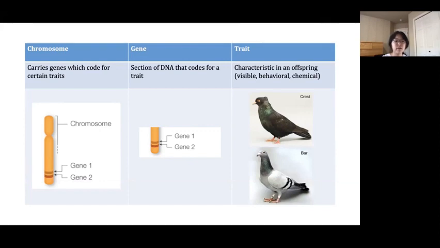Can anybody remember the analogy I used for DNA? I think it was like DNA is the blank of an organism. Can anybody tell me what that is? You can just raise your hand or just say it out loud.